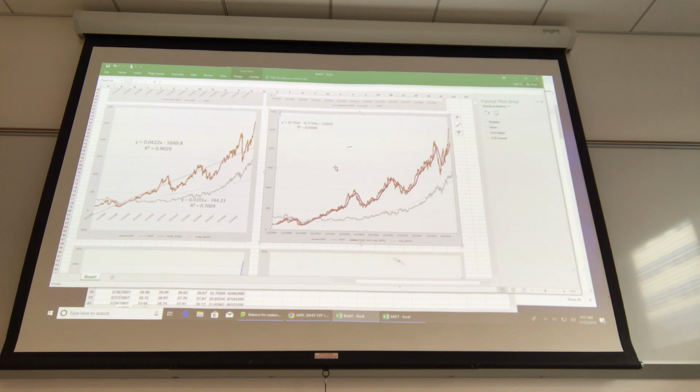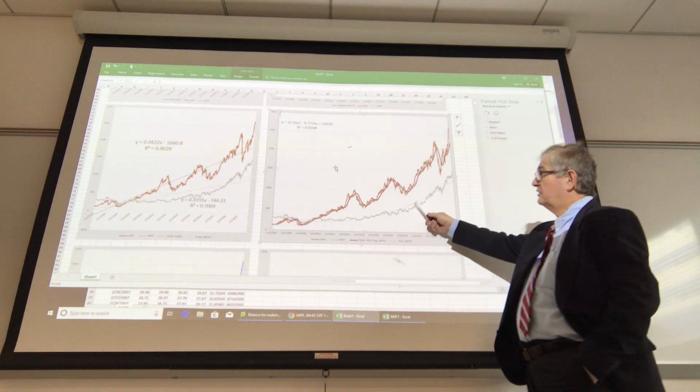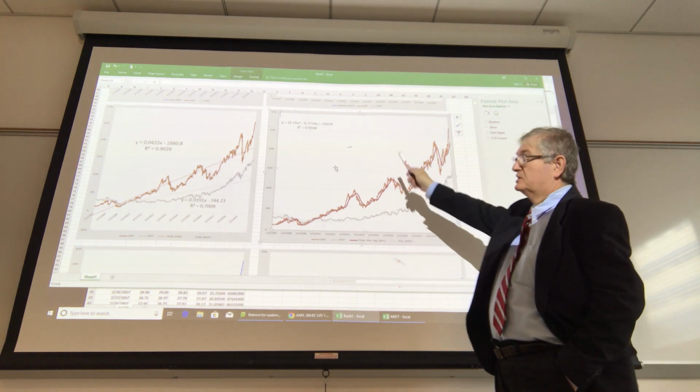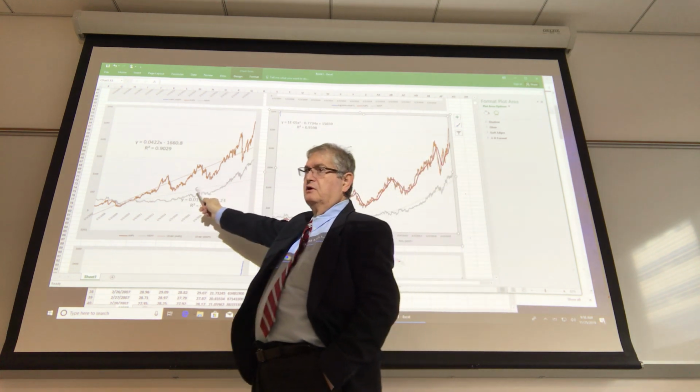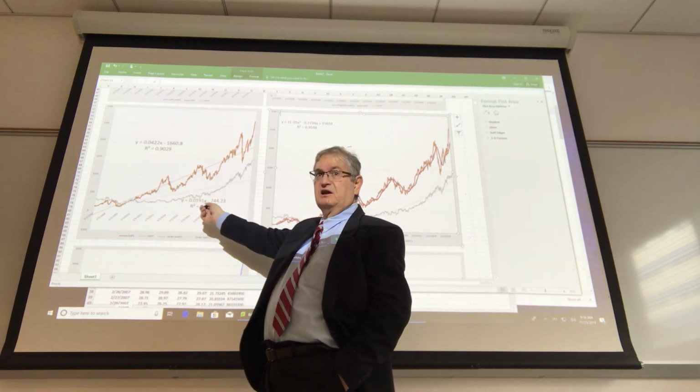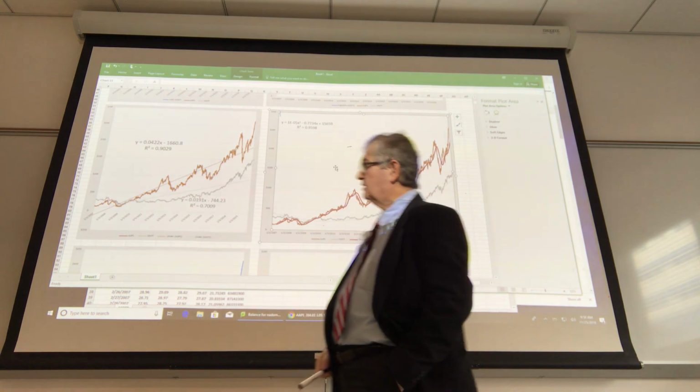I want to compare. What do I want to compare? Mainly 2 things. I want to compare this curve, which is a 2nd degree polynomial, to this curve, which is a 1st degree polynomial, a straight line.